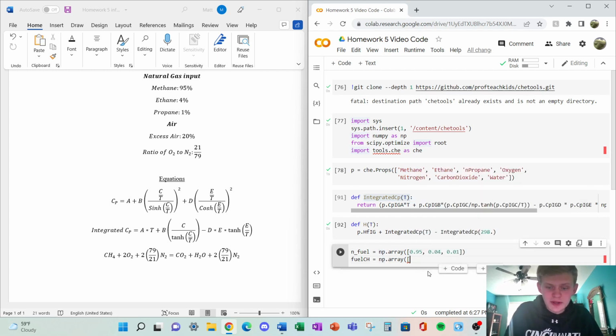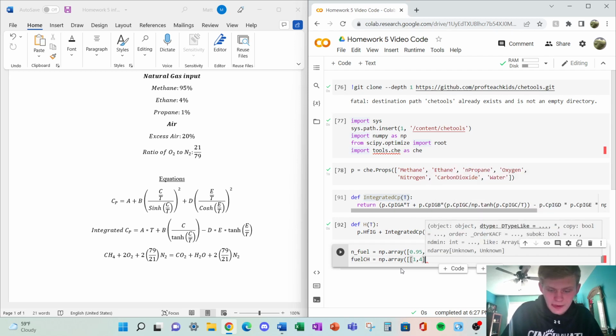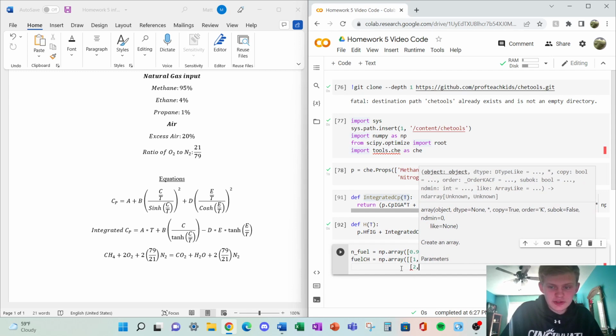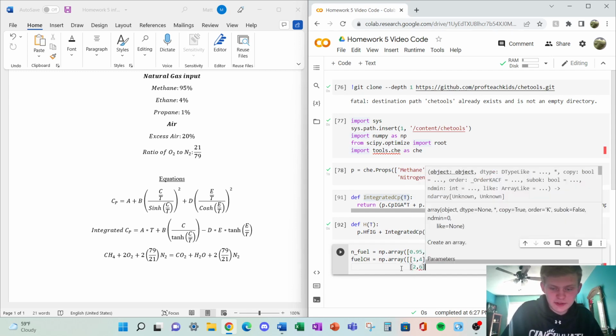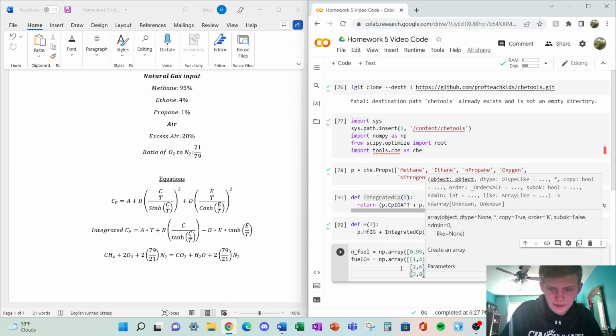So we're going to create a multi-layered array here. We're going to start with our methane, so it's going to be one carbon to 4 hydrogen. Ooh, didn't want to close that off just yet. And then it's going to be 2 carbons to 6 hydrogens, and then 3 carbons to 8 hydrogens.